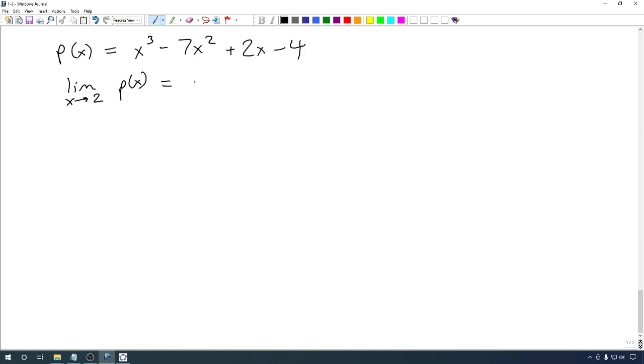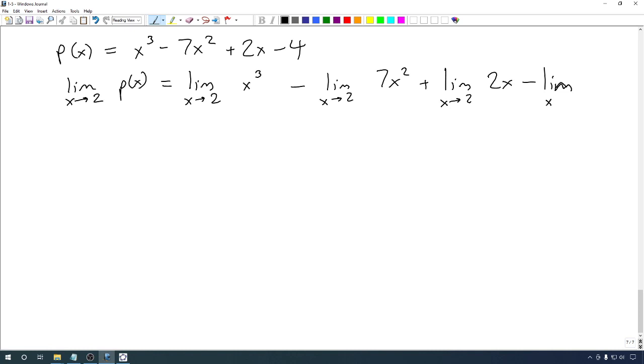So I can write this as the limit as x goes to 2 of x cubed minus the limit as x goes to 2 of 7x squared plus the limit as x goes to 2 of 2x and minus the limit as x goes to 2 of 4.